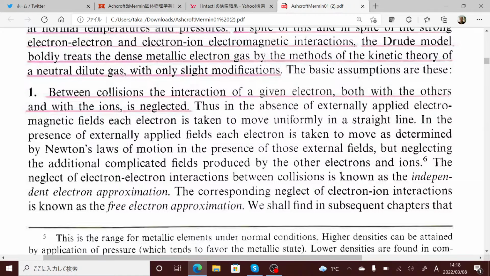Thus, in the absence of externally applied electromagnetic fields, each electron is taken to move uniformly in a straight line.